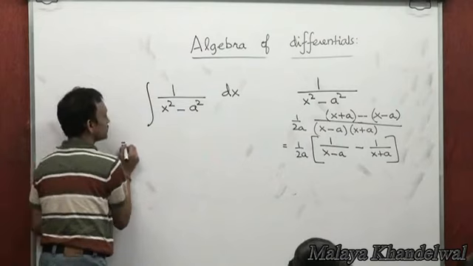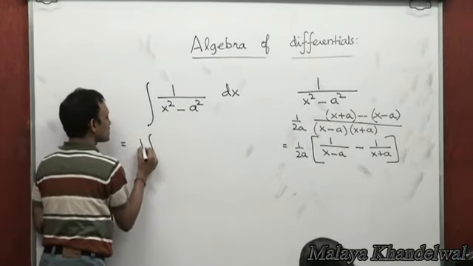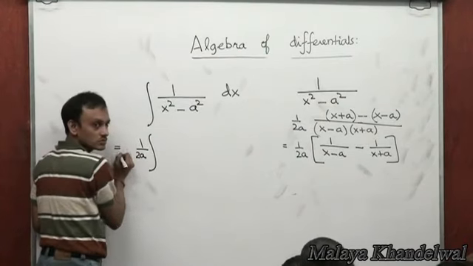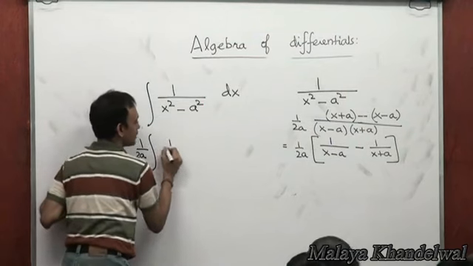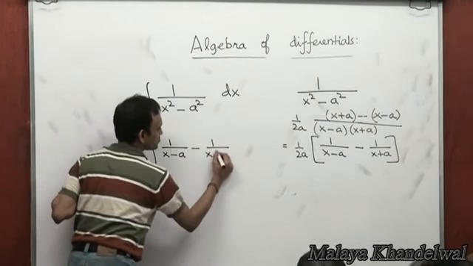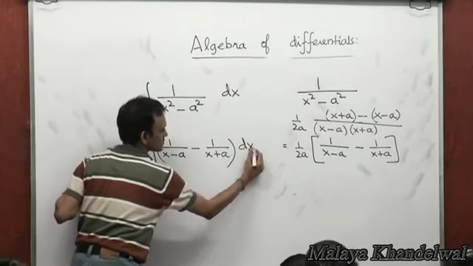So what I do here is I write this x squared minus a squared as 1 by 2a into 1 by x minus a minus 1 by x plus a dx.